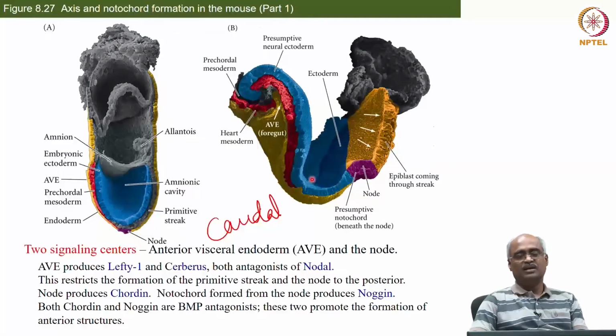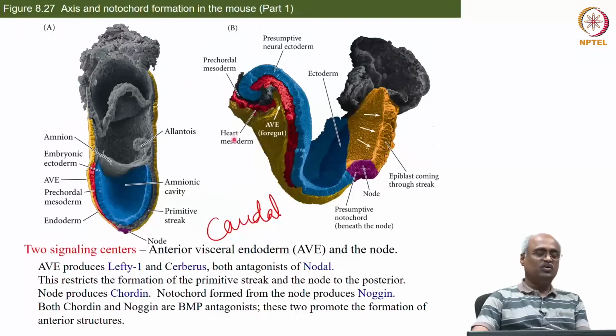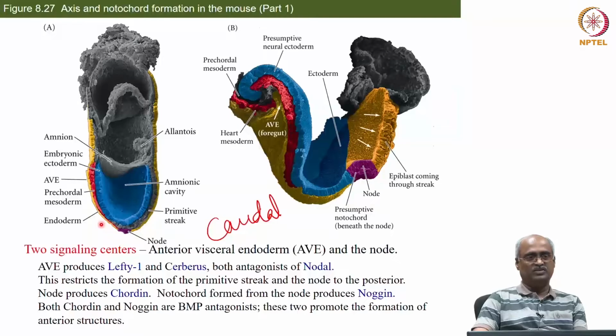Okay, so this is a later stage. So, now our focus is, okay, the gastrulation we sort of understood, the endoderm and mesoderm start to migrate through the primitive streak and the node, and now how the head to tail axis is formed. So, that is the focus of the next few slides.